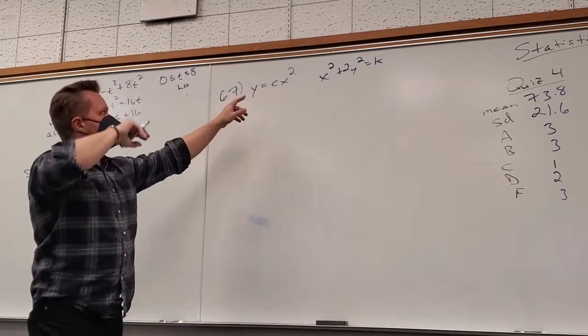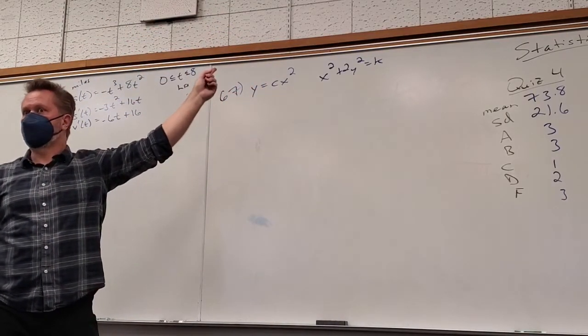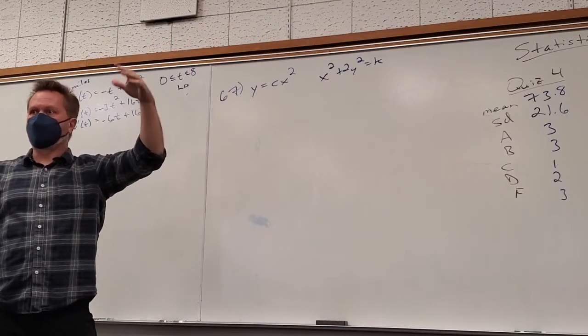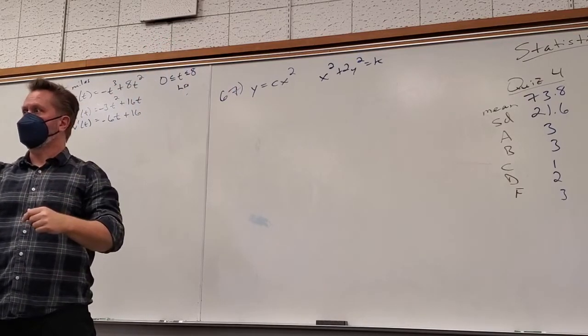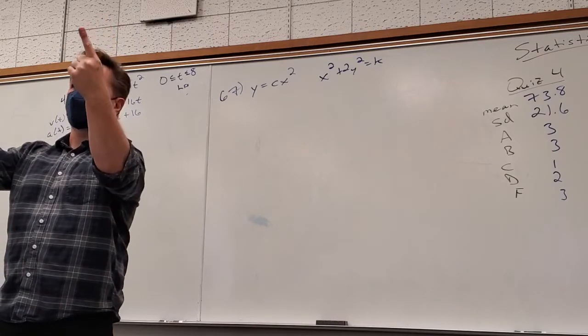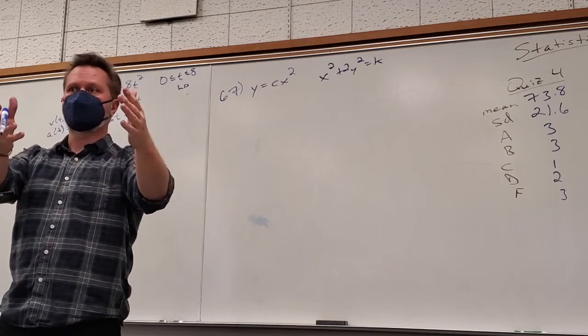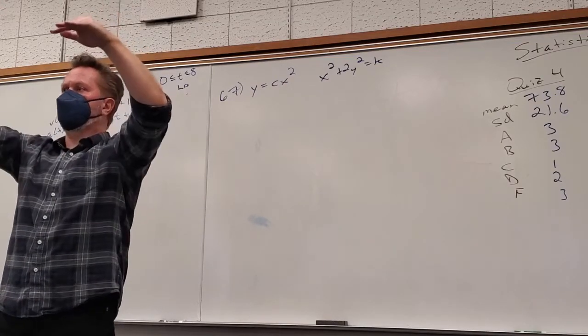So one level of this is, where do these two things intersect? I need to know their points of intersection. And then secondly, I need to see what their tangent lines are, which means what I have to do? Take derivatives. So there's two main things I've got to do in this problem.